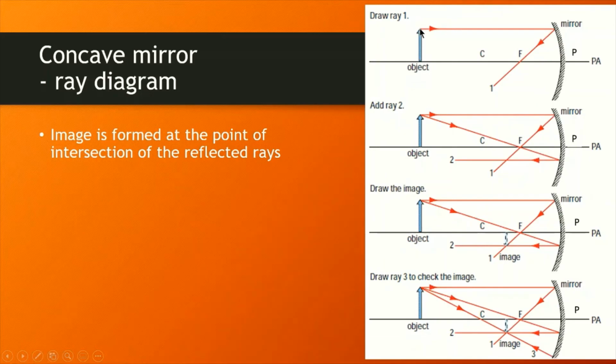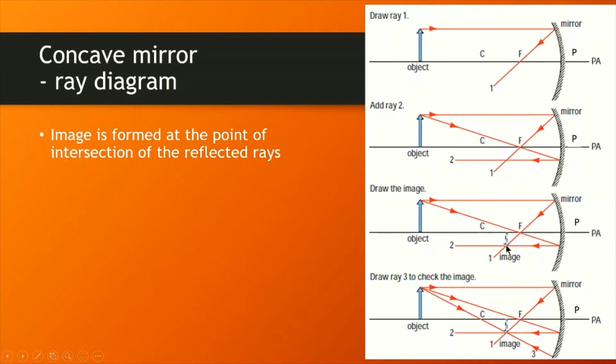So from the tip of the object, we draw ray P. So ray P is reflected towards F. Then from the same point, the tip of the object, we draw ray F. And we know that it is reflected parallelly. All right, so these two reflected rays intersect here. So the intersection of the reflected rays is where the image is formed. Therefore, you see the image is formed here.